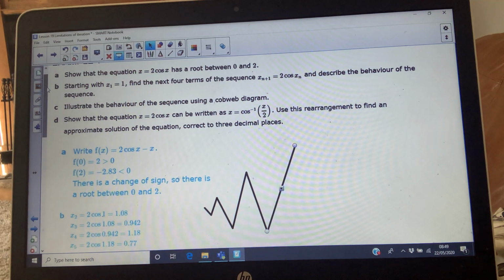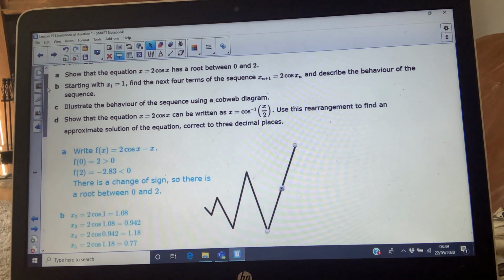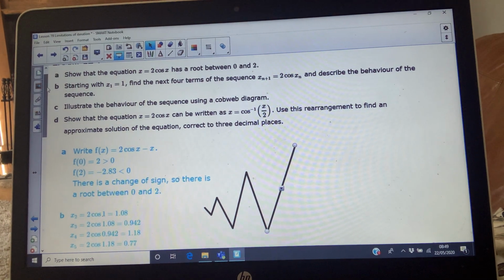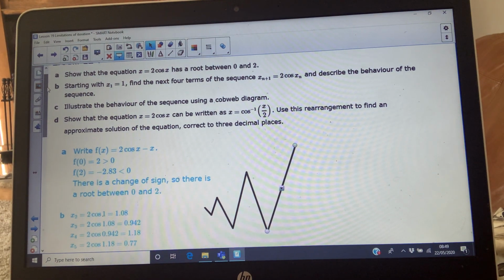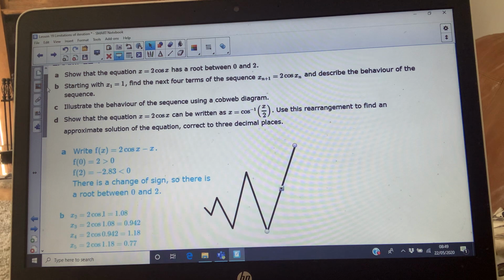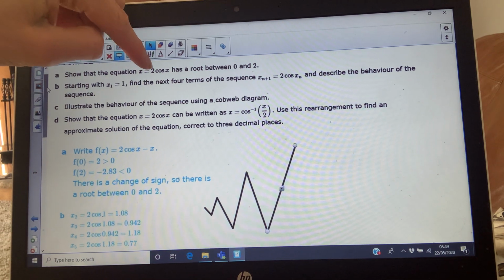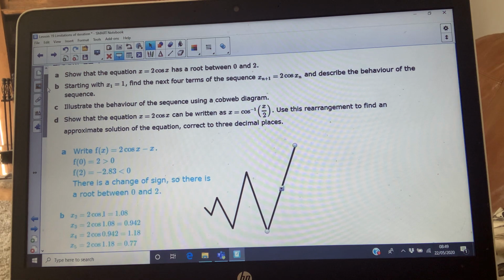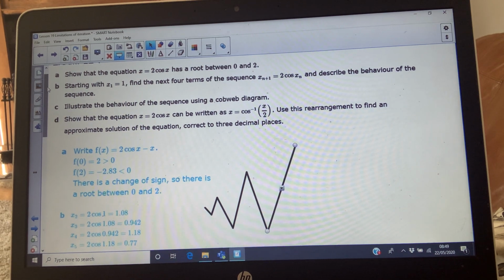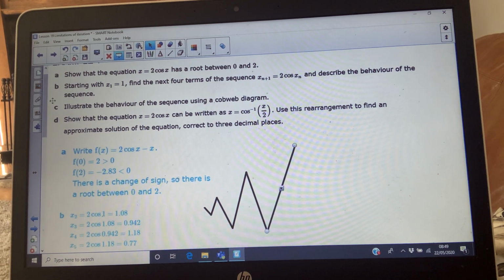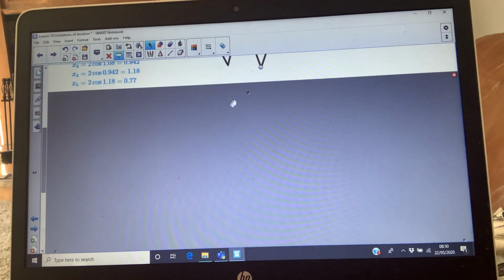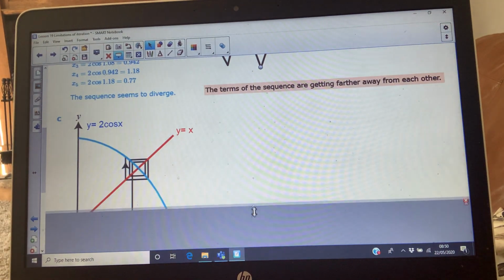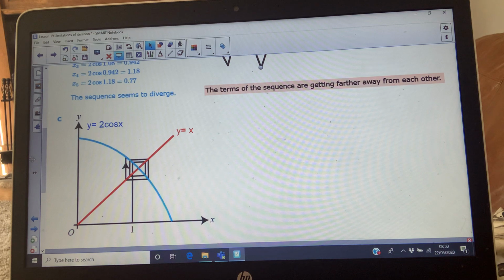In an exam, because you get a printed answer booklet, they would probably have the graphs drawn for you, perhaps y equals 2 cos x and y equals x. To do this yourself, you would have to sketch those graphs. I've drawn the diagram for you.